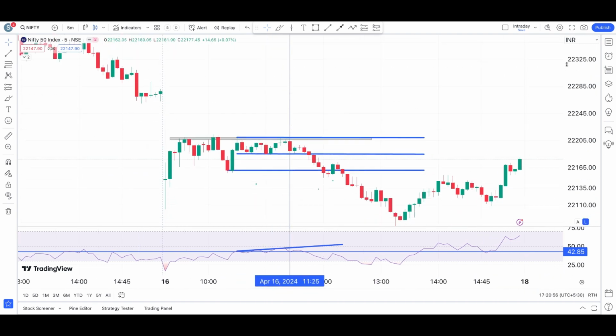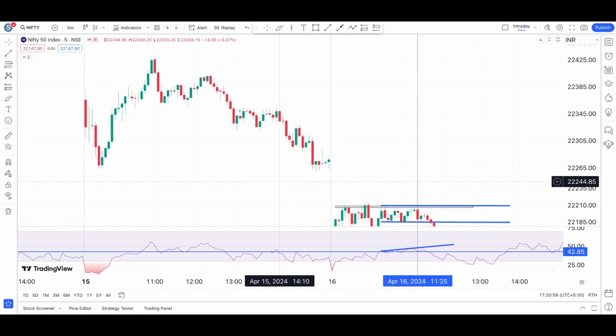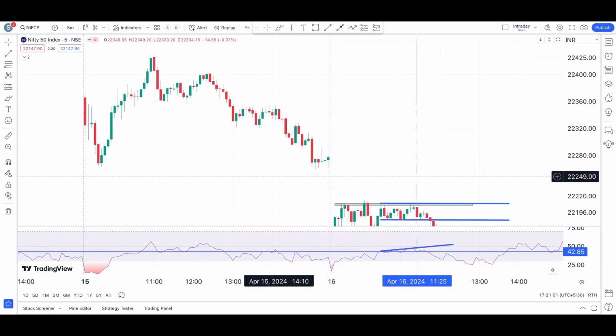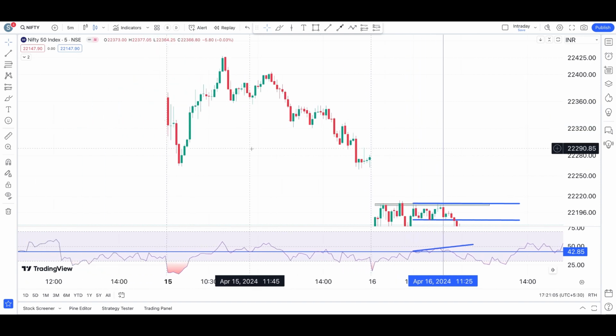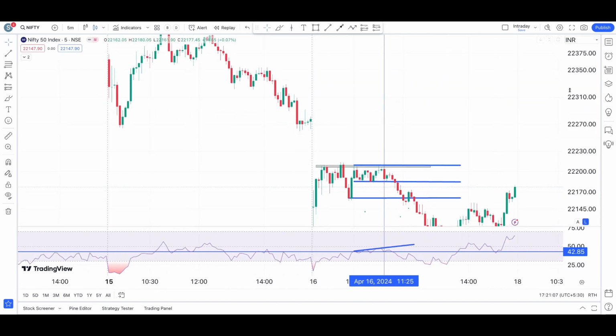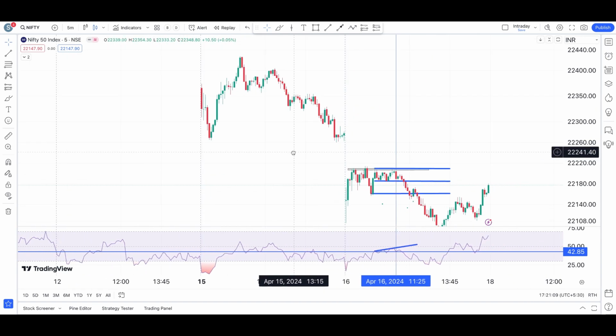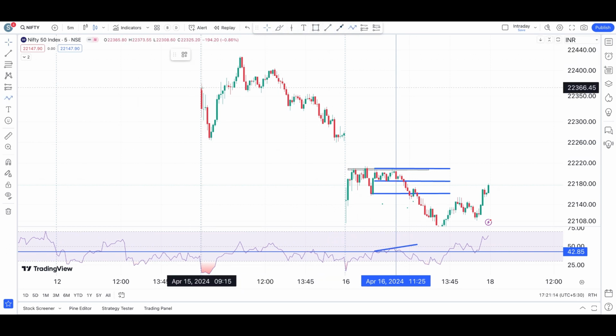Also, one thing to notice is the price action of yesterday. It was a kind of trending day, but it lasted only till the first half. It was trending for 1 hour or so.